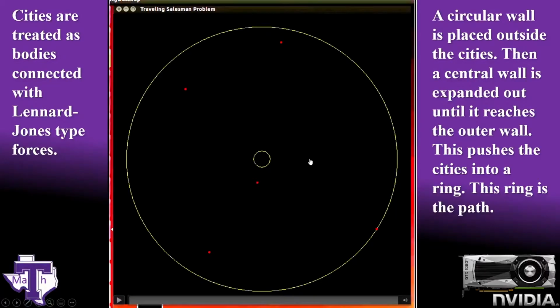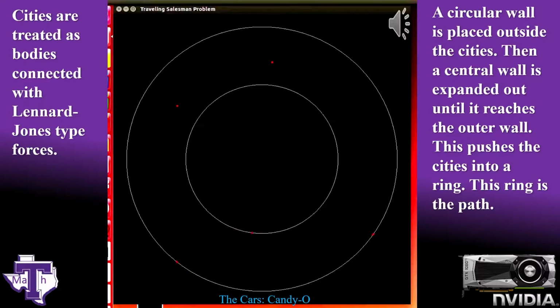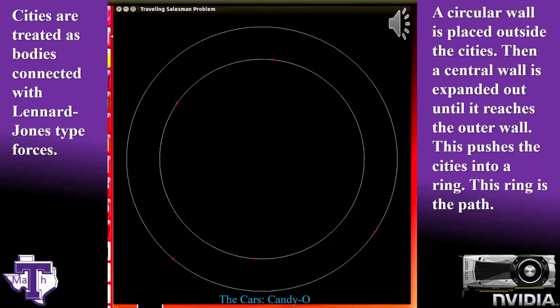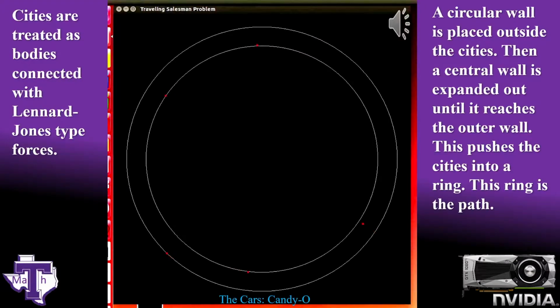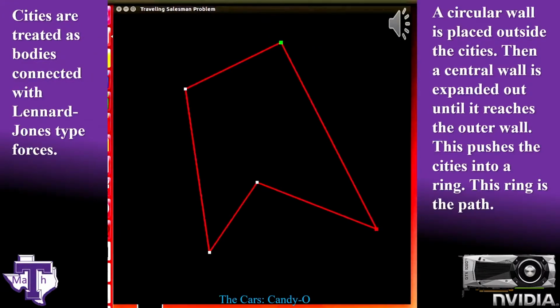So here's the simulation of that. And that is the minimal path for these 5 cities.